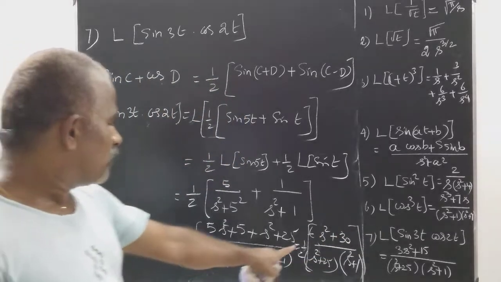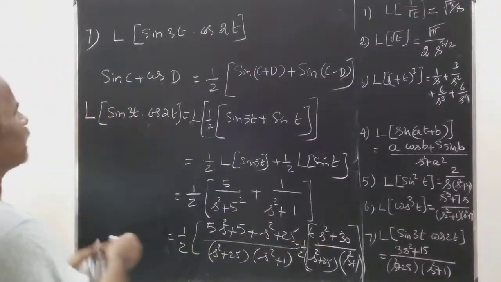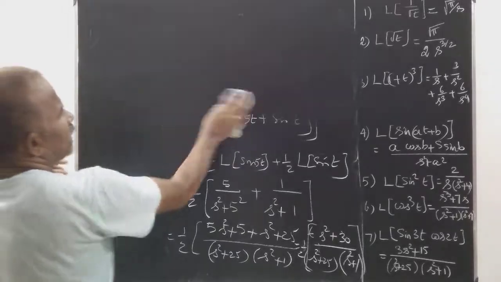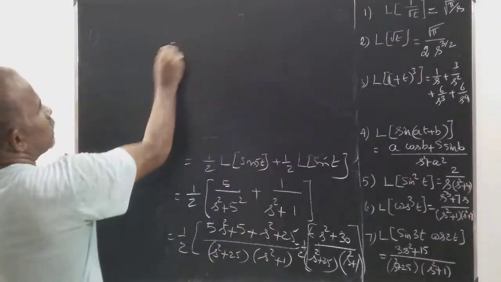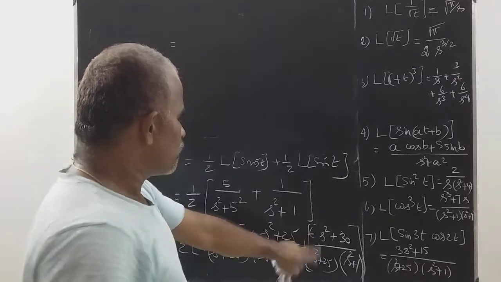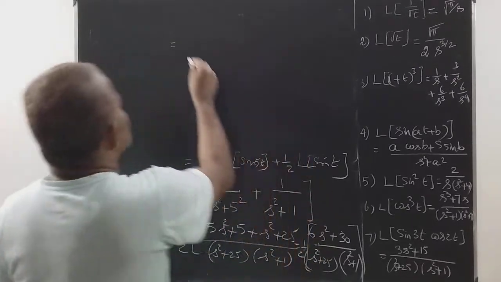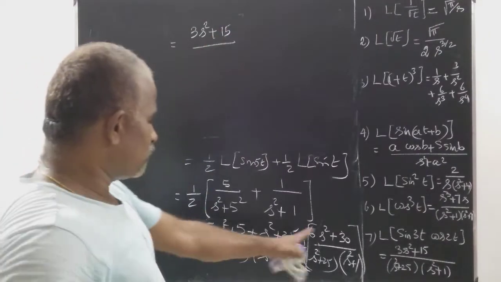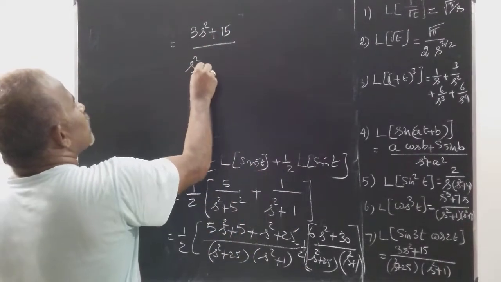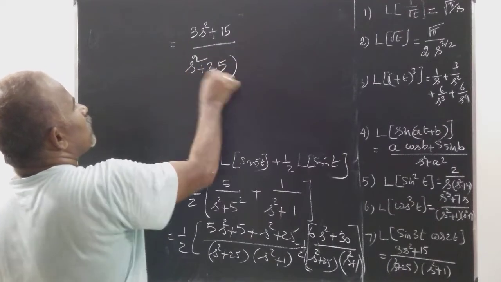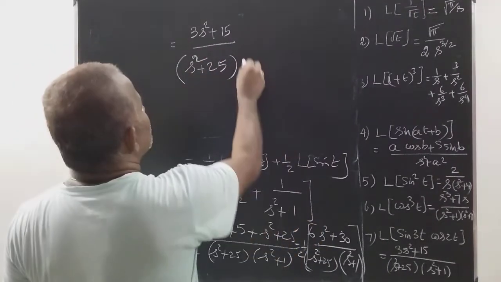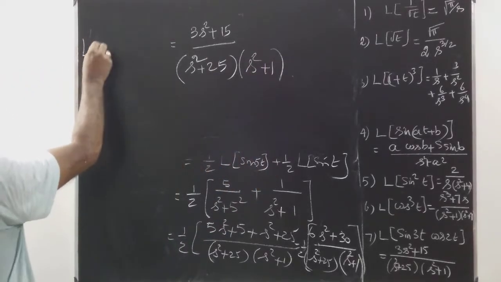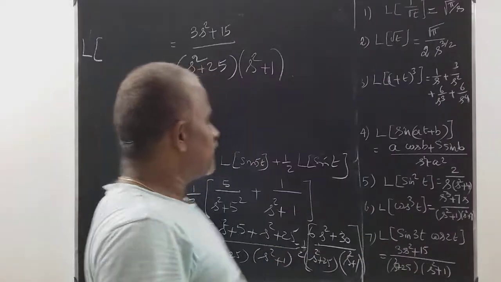So therefore if you take out the 2, 2 will be cancelled. So 6 becomes what? 6 becomes 3s square plus 15, 3s square plus 15 divided by s square plus 25 into s square plus 1. So this is nothing but Laplace transformation of sin 3t cos 2t.